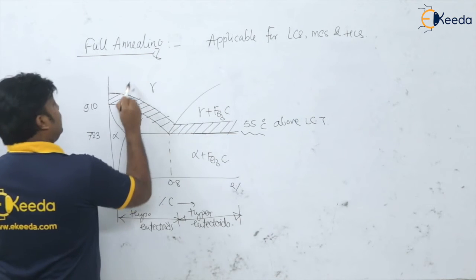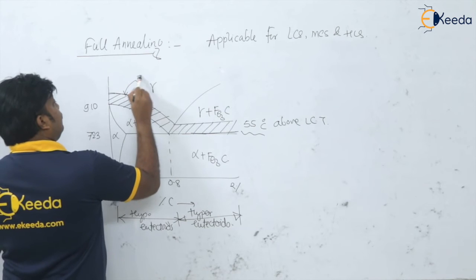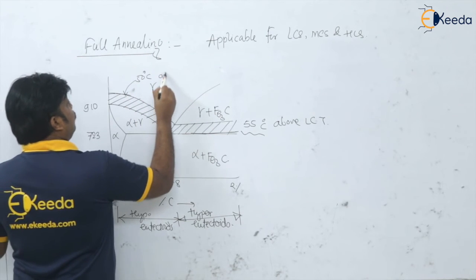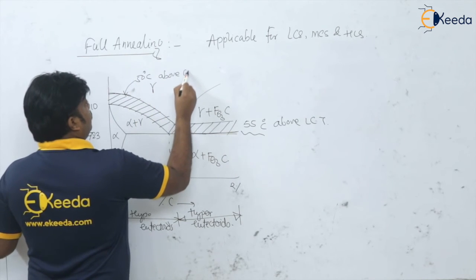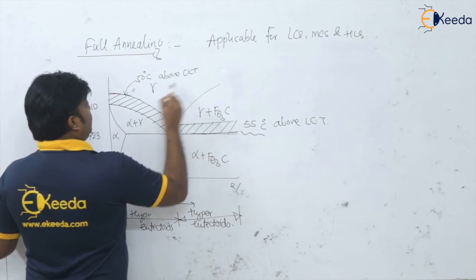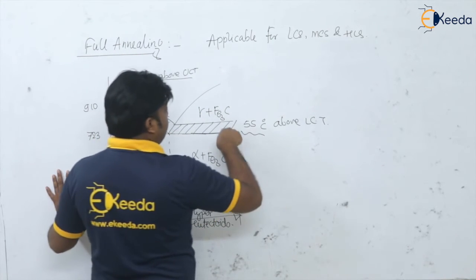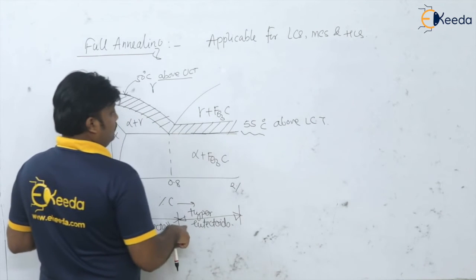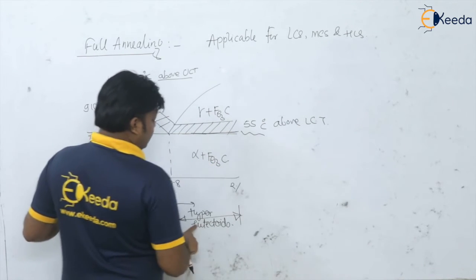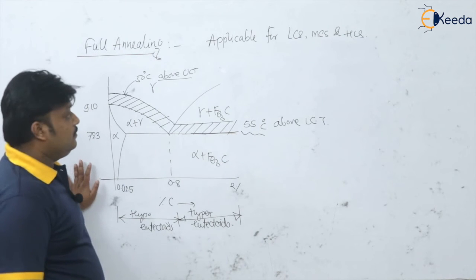Please remember this is the temperature range: 50 degree centigrade above the upper critical temperature for the hypoeutectoid steel, and 55 degree centigrade above the lower critical temperature for hypereutectoid steel.